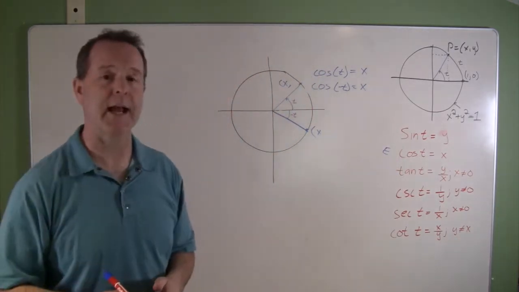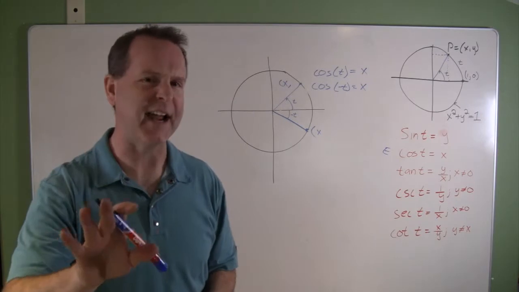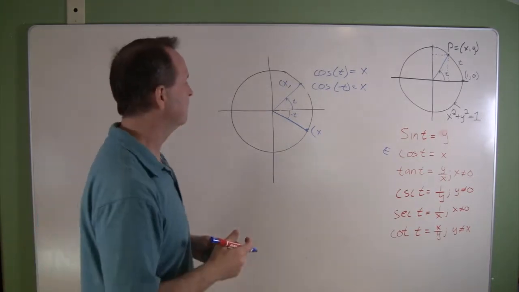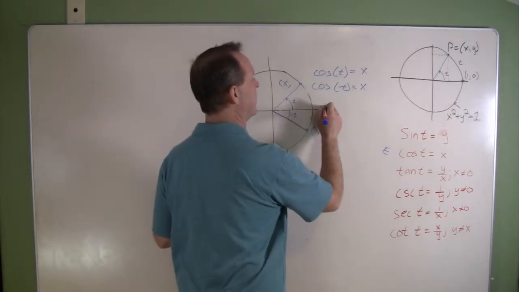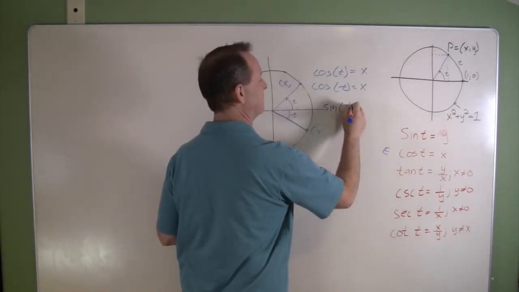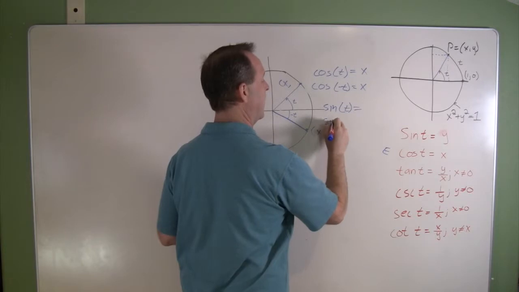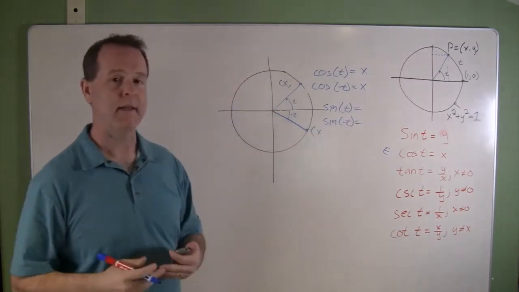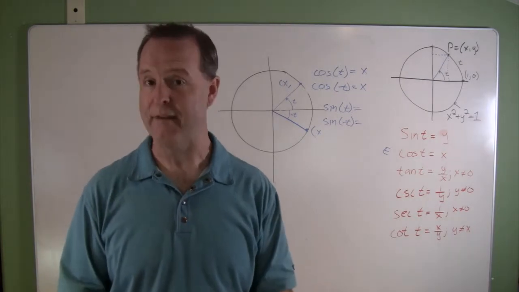So let's contrast that to the sine, because I think the sine will be different, and it's always good to see contrasting to get a sense of what's happening. So the sine of t compared to the sine of negative t. Remember the sine represented its height or its y value?